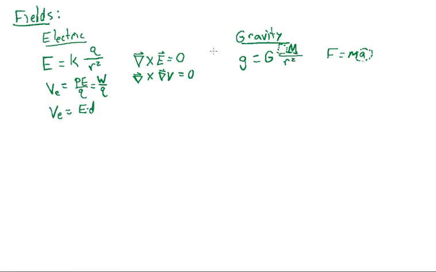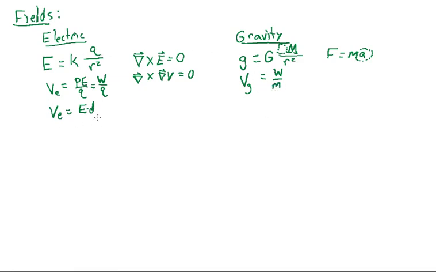In fact, you can do something similar to this. You can basically make a Maxwell equation divergence law like this, curl law like this, and you can come up with a gravitational potential, which we'll put a little g on to make sure it's different, and it'll also be that same sort of thing, your potential energy or your work to then place a mass in that position, not a charge.